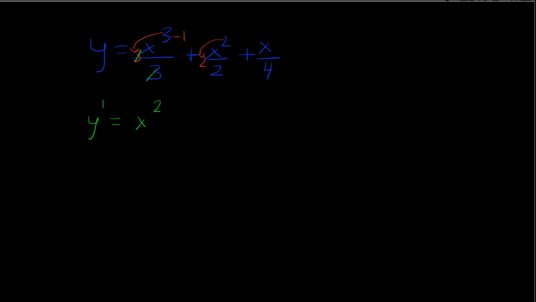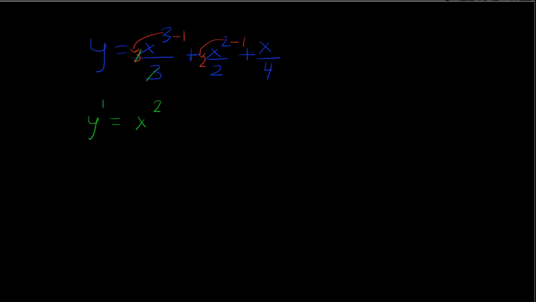Next, I have y equals x cubed over 3 plus x squared over 2 plus x over 4. I'm going to bring down the 3 and subtract 1 in the exponent. So now the 3's are going to cancel, and I'm just going to be left with x squared. This 2 also comes down. Subtract 1.